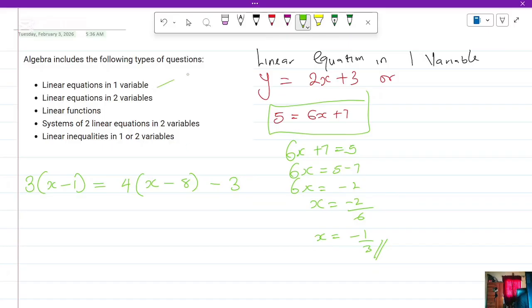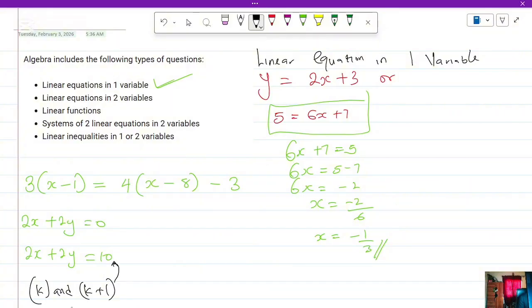Now, talking about the linear equation in two variables is when you have, for example, 2x plus 2y equal to 0, or 2x plus 2y equal to 10, and then they can say k and k plus 1 satisfy the equation, find the value of k.